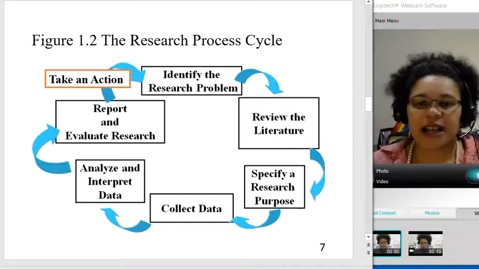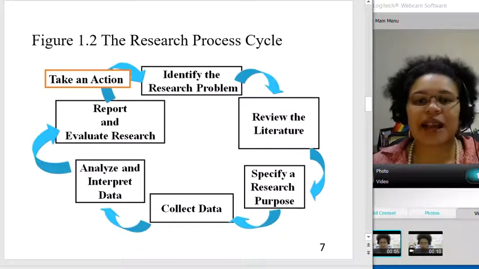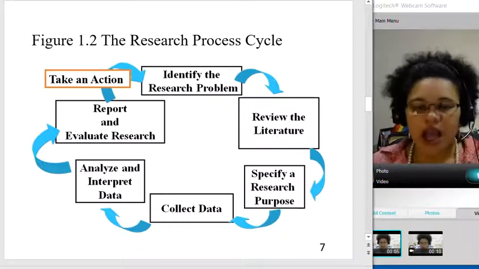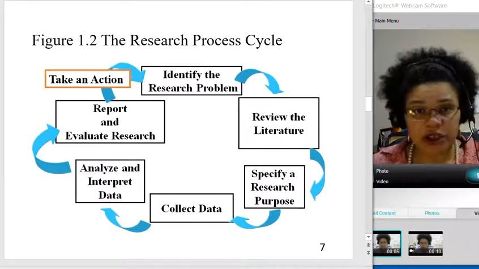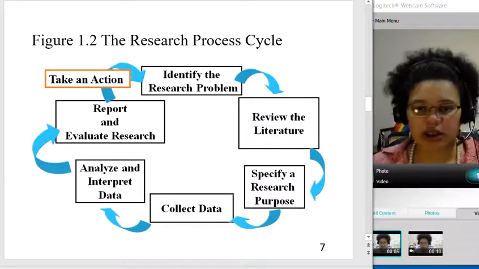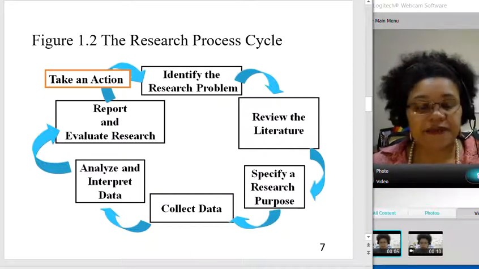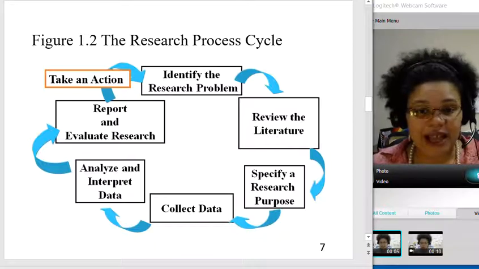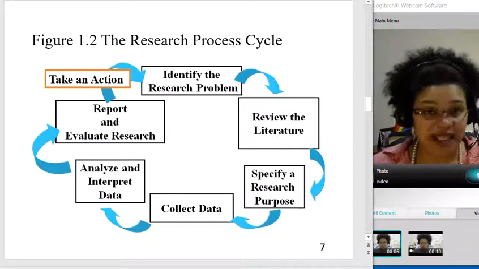The first step, the usual starting point, is right here at the top, identifying the research problem. And then we'll move to reviewing the literature or doing the scholarship part of a study. Next, specifying a research purpose, then collecting data, analyzing and interpreting that data.